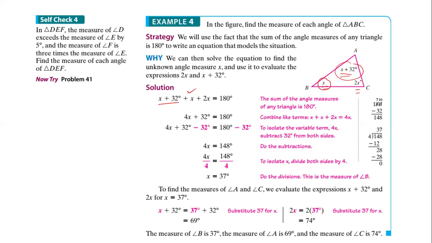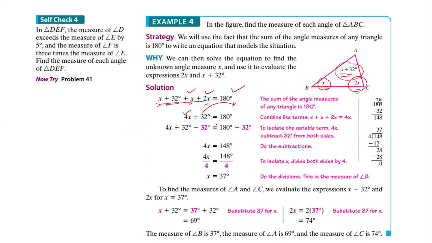Okay. The third one is 2x. You know the sum of all these three must be 180 degrees. So here we have x, x and 2x, which gives you 4x, and plus 32.